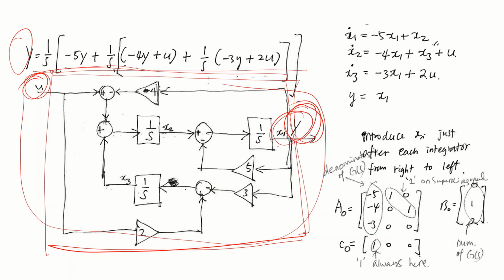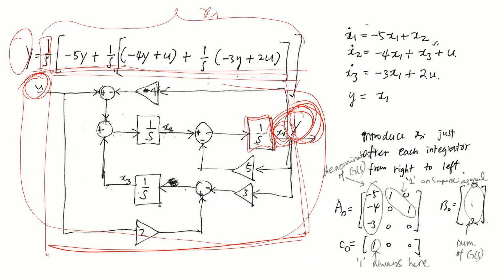Now here y becomes x1. Y becomes x1. So the whole thing here will be x1. But then here is 1 over s. So basically you define x1 right after this integrator. So this is the integrator.